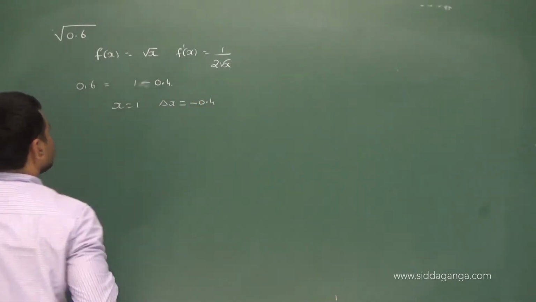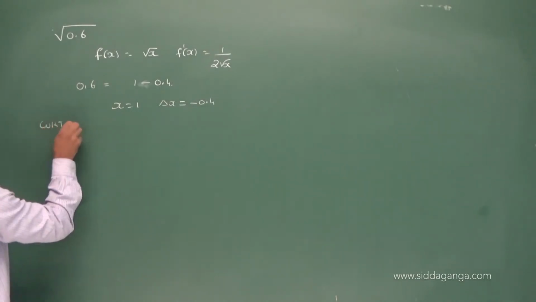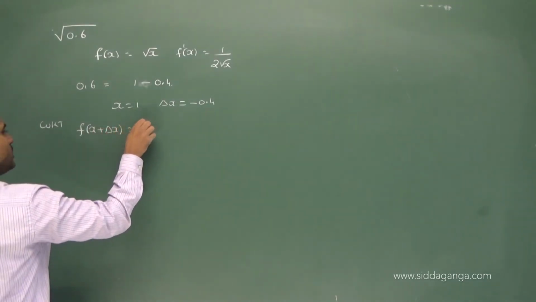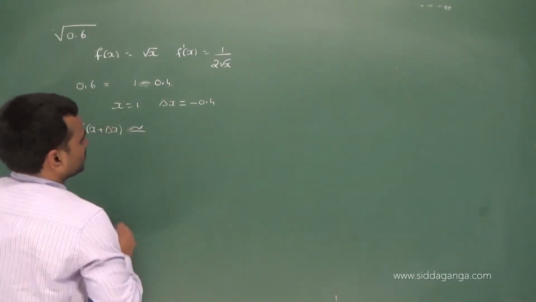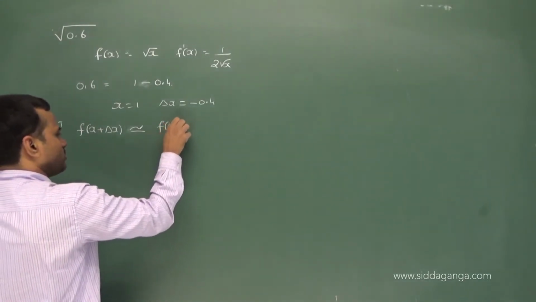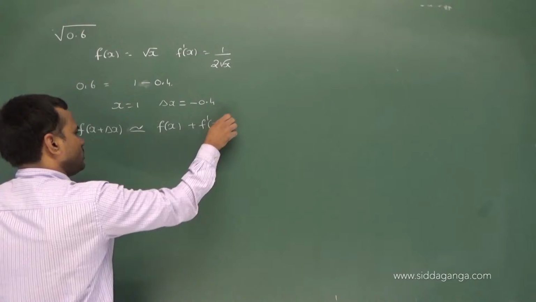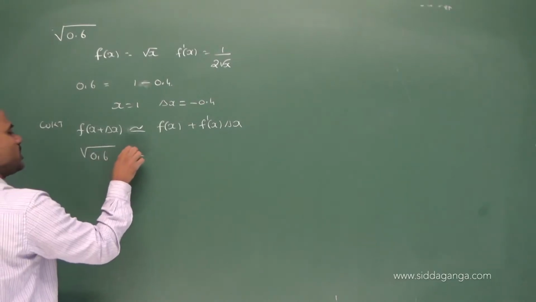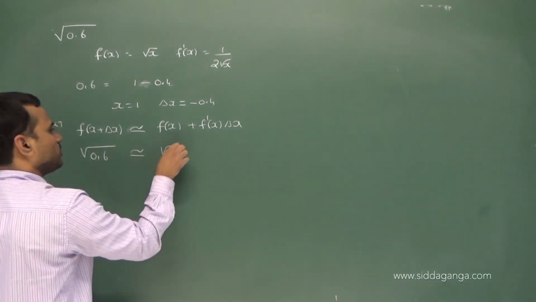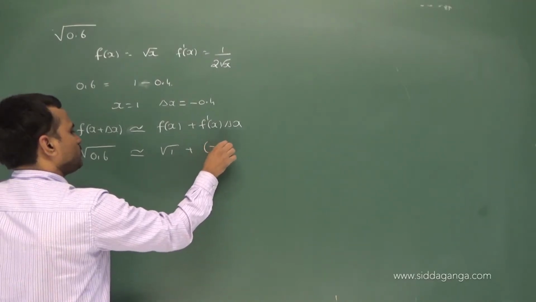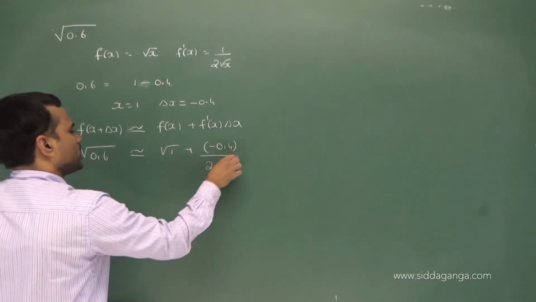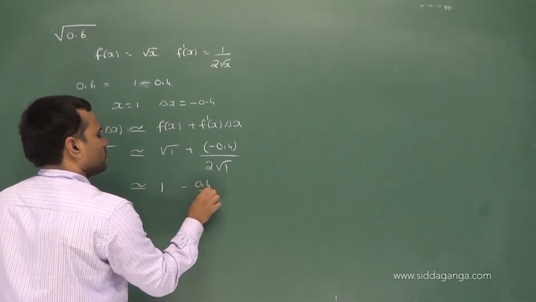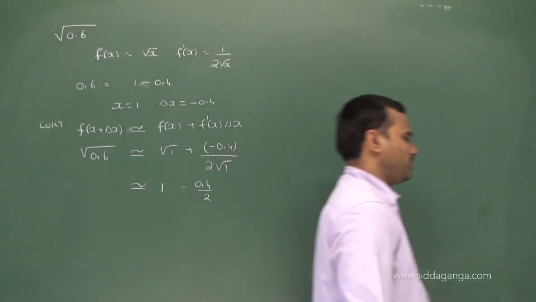If you write minus, write very carefully. We know that f of x plus delta x is approximately equal to f of x plus f dash of x into delta x. So substitute the values: square root of 0.6 is approximately equal to square root of 1 plus minus 0.4 divided by 2 into square root of 1. Square root of 1 is 1, so 1 minus 0.4 divided by 2.